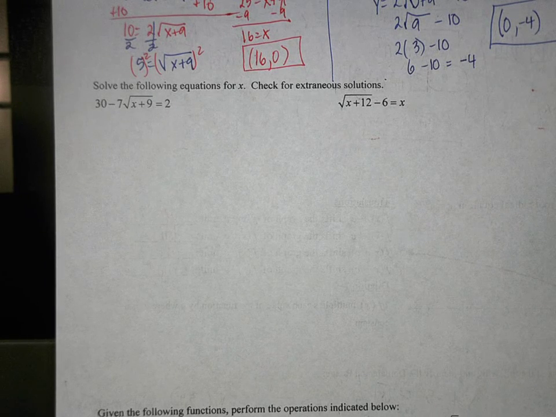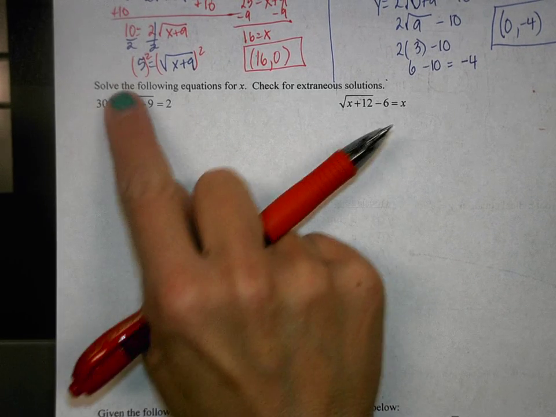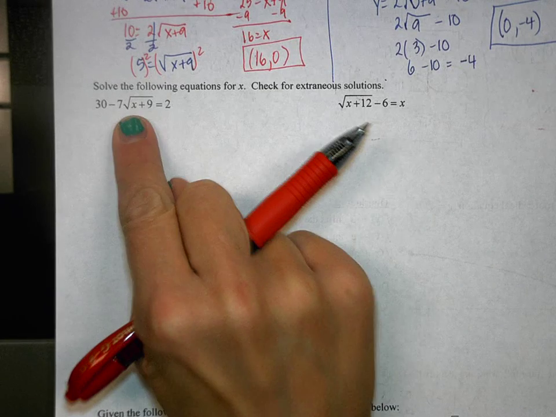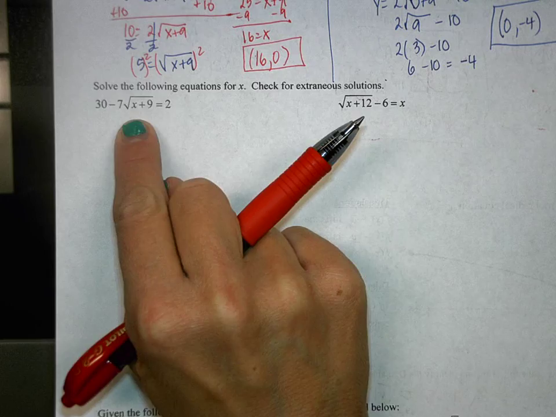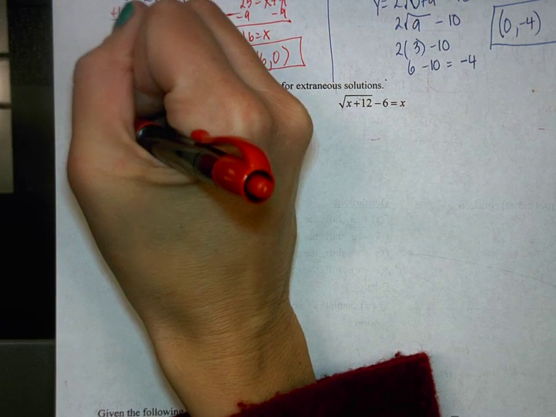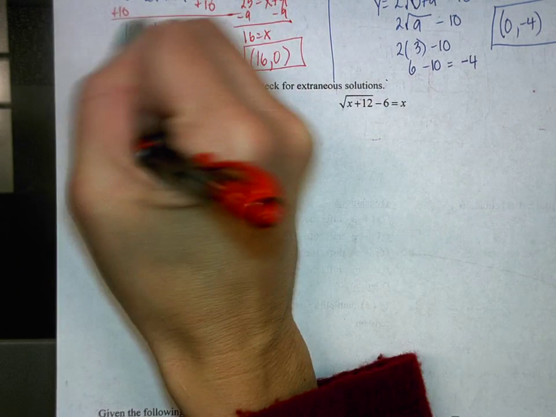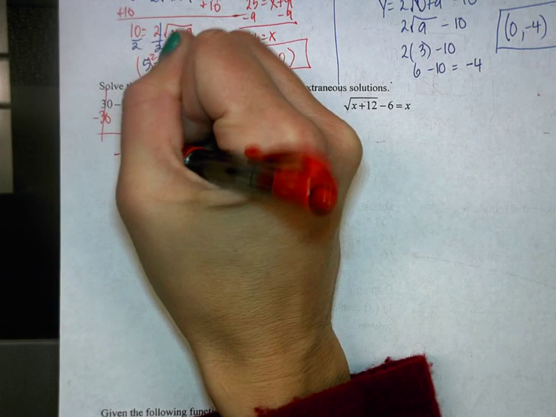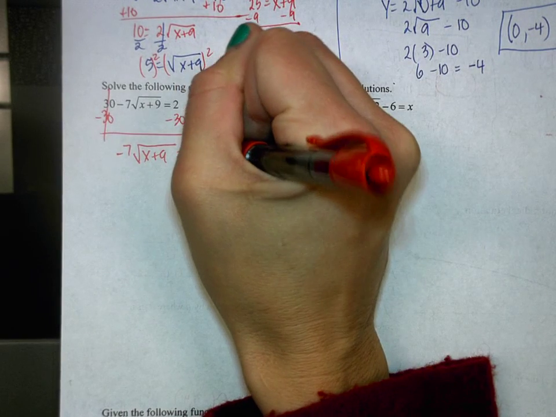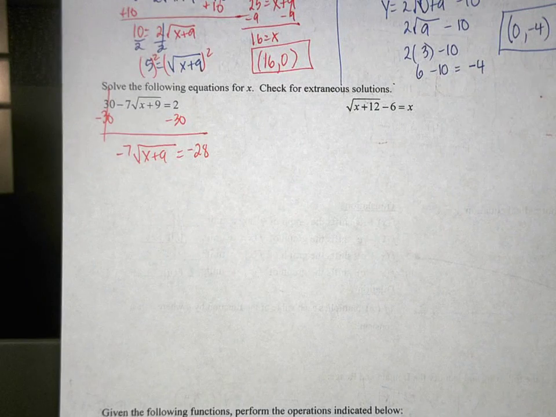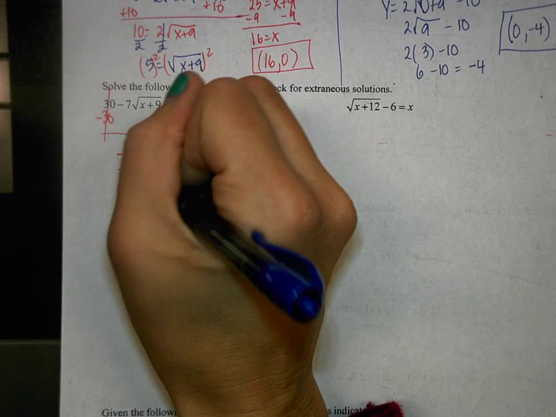Subtract 30. Yeah. You can't subtract 30 minus 7 because that negative 7 is connected to the root. Okay, and so it's totally separate. So you would subtract 30 first. So we have negative 7 root x plus 9 equals, good, negative 28. Then I will, good.